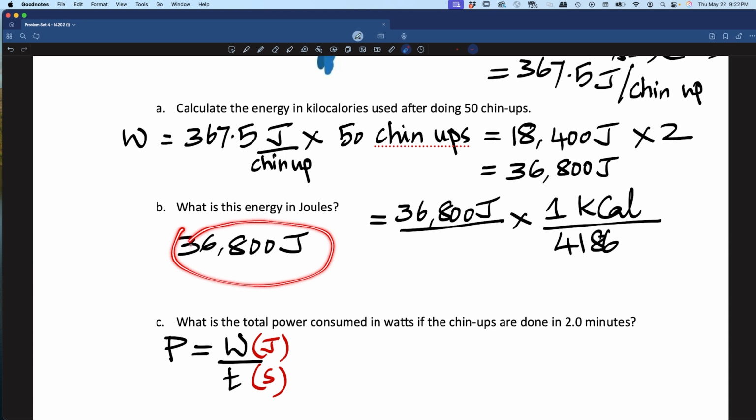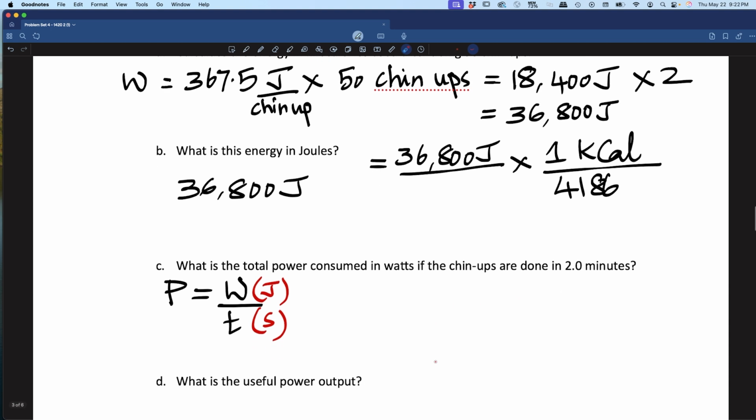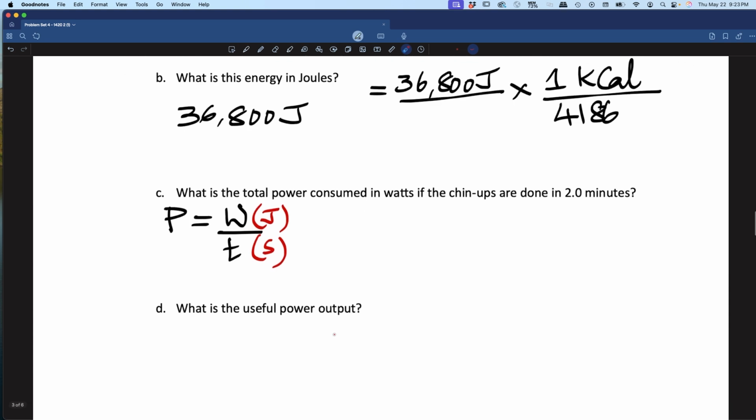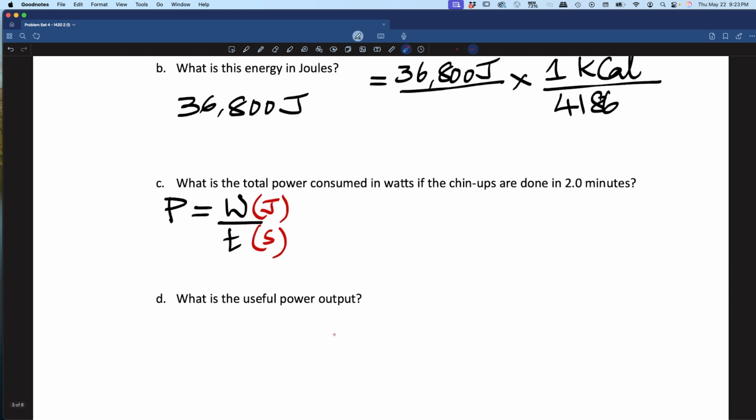So 36,800, that's the number here, divided by T. What's T? 2.0 minutes. No. We do not use minutes in physics. So that would be 120 seconds, because each minute is 60 seconds. So what's the total power? 36,800 divided by 120 seconds, and you would get it in joules per second.